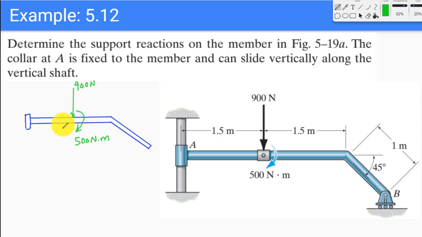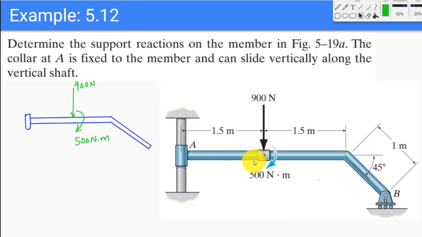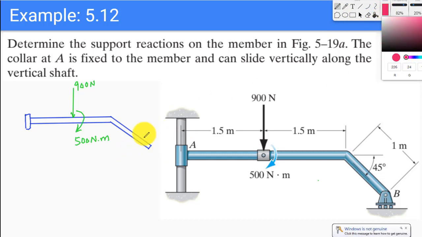So now we should draw the reactive forces. This roller would provide a force which is perpendicular to the surface of the roller. I'll draw my reactive forces with a darker color.